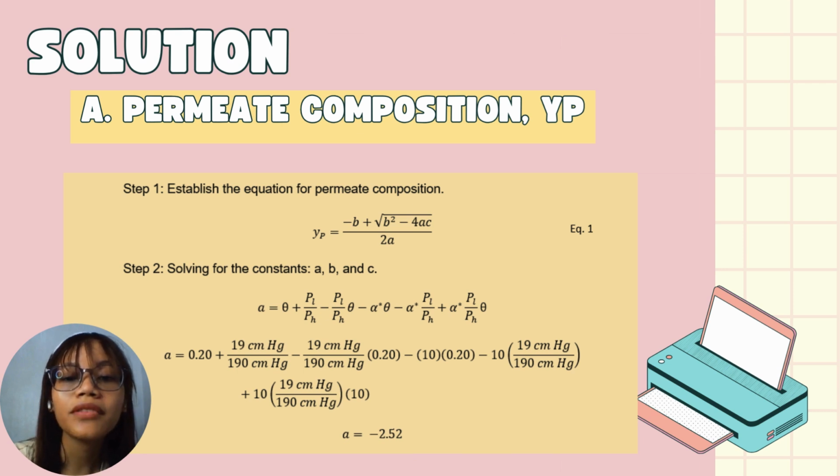Then these alpha, theta, PL over pH are given in the problem. So we're just going to substitute this in the equation for the A. So we're able to calculate a value of negative 2.52.